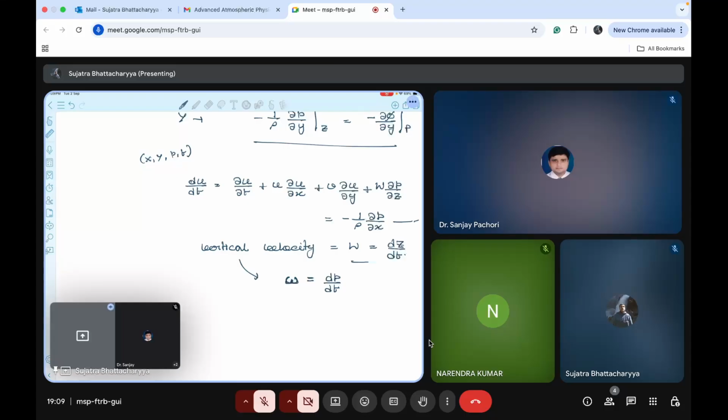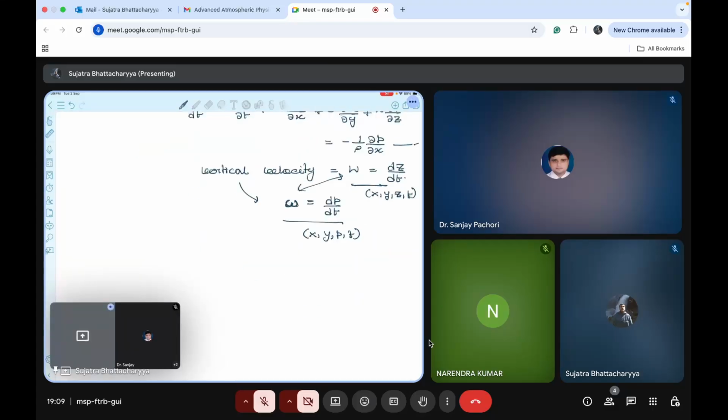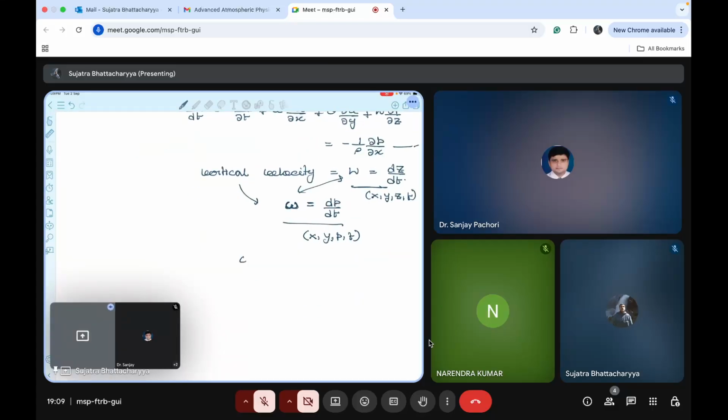This is for the x, y, z, t coordinate, and this will be for the x, y, p, t coordinate. But how are this omega and w related? Very simple. Omega is dp dt. Can I write this as dp dz into dz dt?